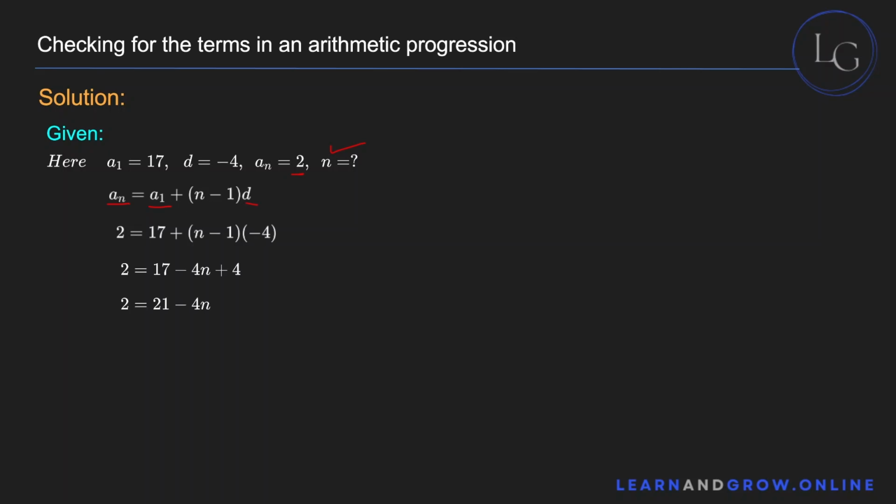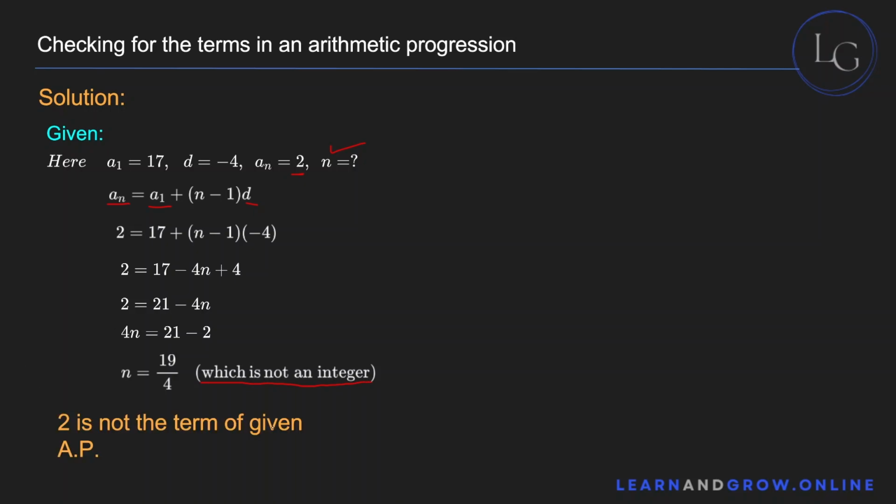After doing all the calculations, we find out that the value of n is 19 divided by 4, and that is not an integer, which means that 2 is not a term of the given arithmetic progression. It does not exist in the arithmetic progression given to us.